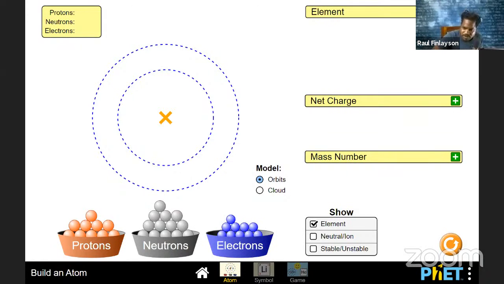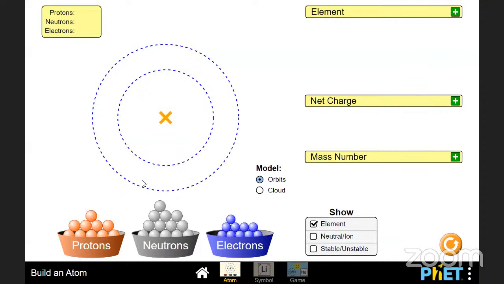All right, energy levels. Energy levels means that the further you go away from the nucleus of the atom, the more energy anything found on those shells has. Everybody heard that? Yes, sir.